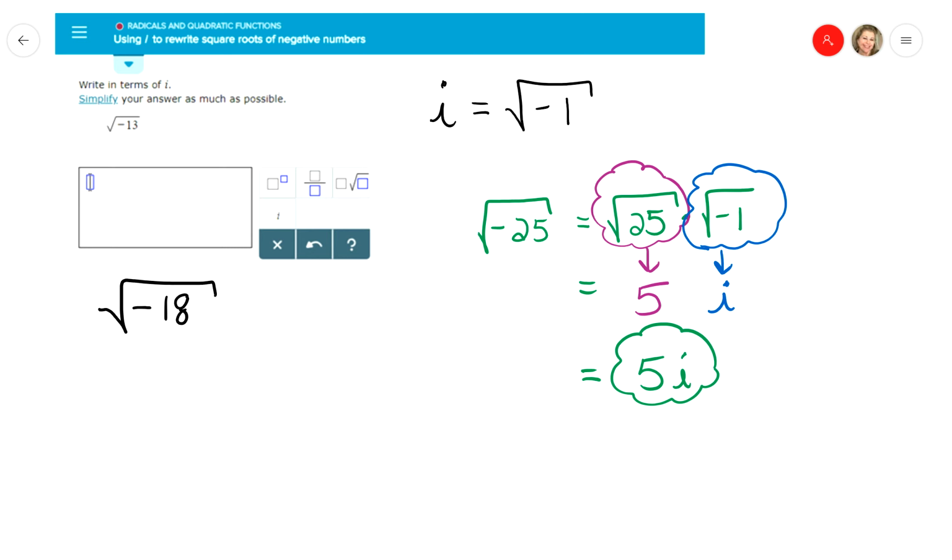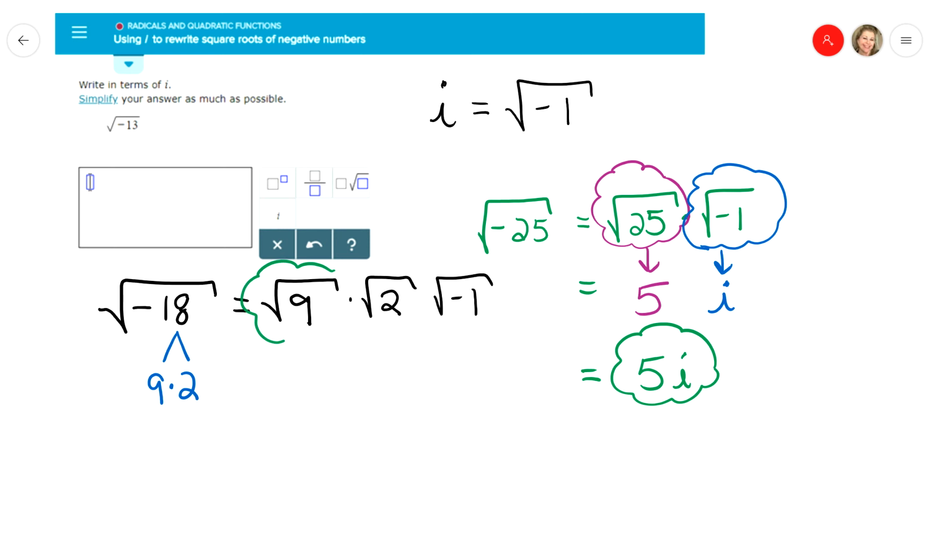Well, 18 is not a perfect square. However, 18 is the same thing as 9 times 2. So I'm actually going to break this down to be 3 different radicals: the square root of 9, the square root of 2, and the square root of negative 1, because those 3 numbers all multiply together to make negative 18.